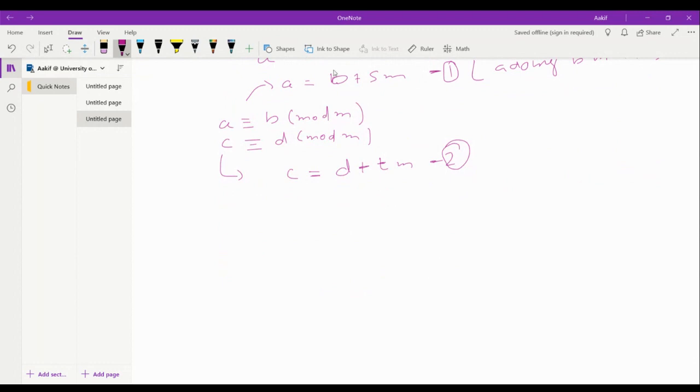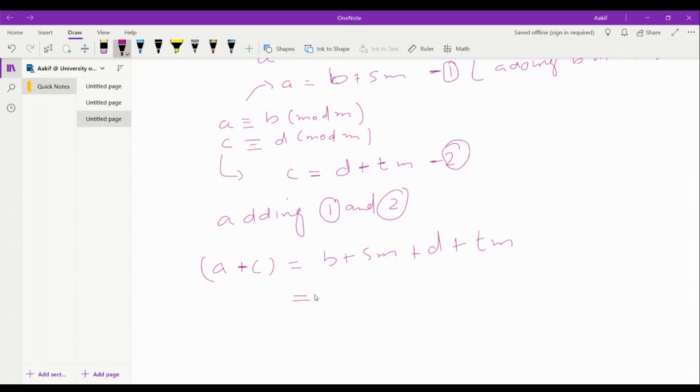Let's add. This is B plus S times M. Adding 1 and 2, what we'll get is A plus C will be equal to B plus S times M plus D plus T times M. Now we will take the terms that contain M together.